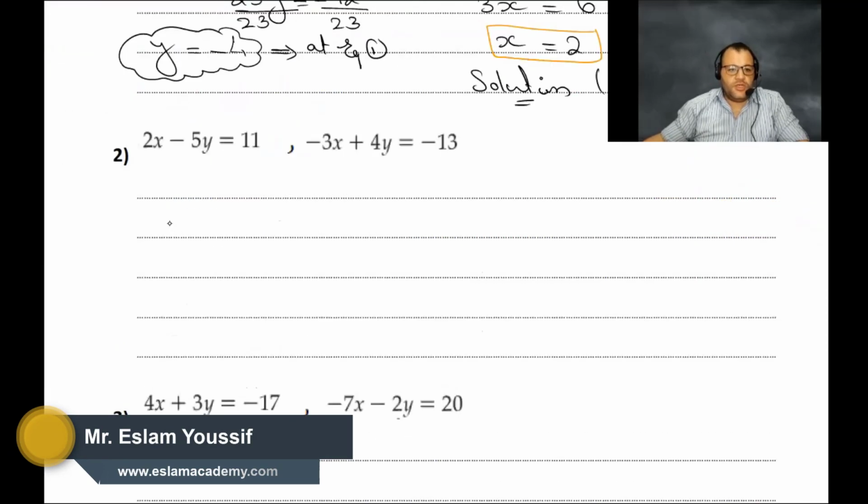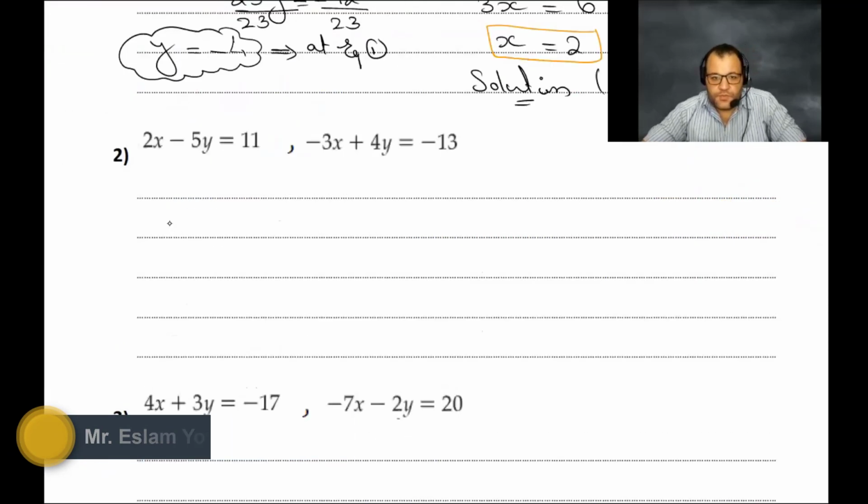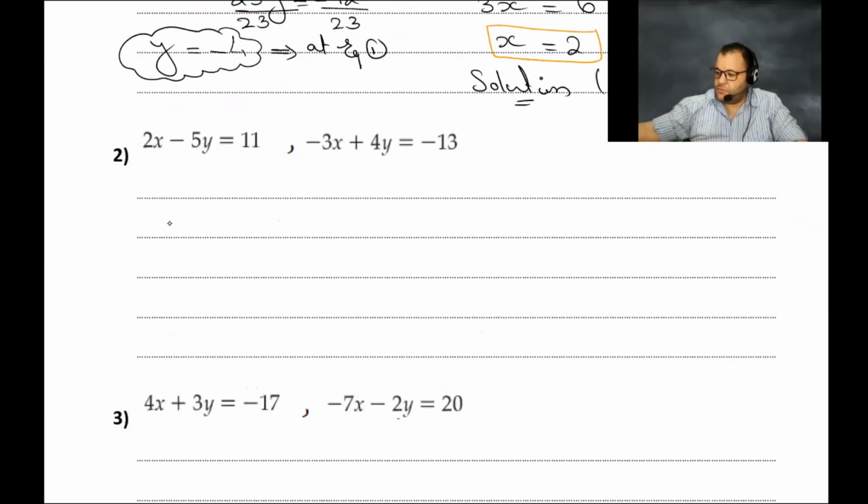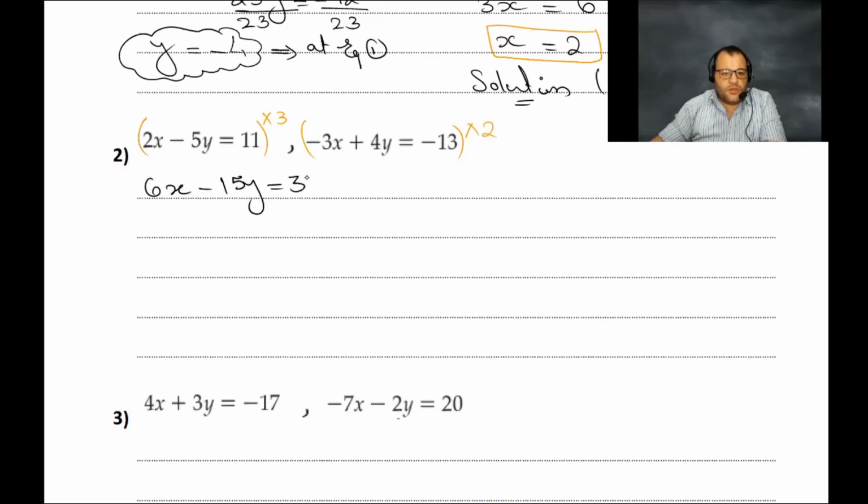So for question number 2, how can we solve it? I will multiply the first equation by 3 and the second equation by 2. Try to keep one of them positive and the second negative. So 2 times 3 equals 6x minus 15y equals 33.